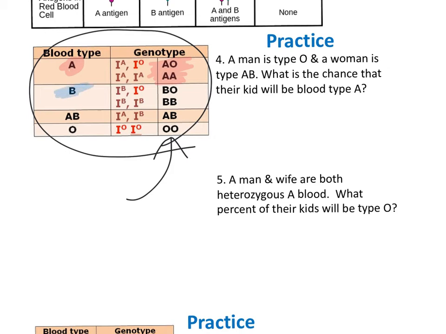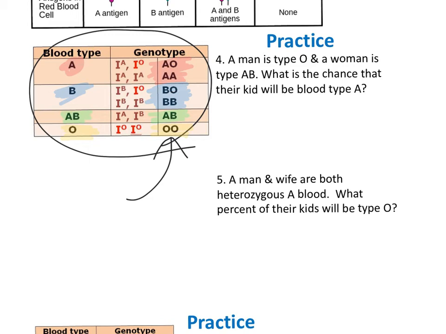People who are blood type B can be homozygous B, or they could be heterozygous B because they have that recessive O. People who are blood type AB must have both an A and a B, and people who are blood type O are recessive, so they have OO.